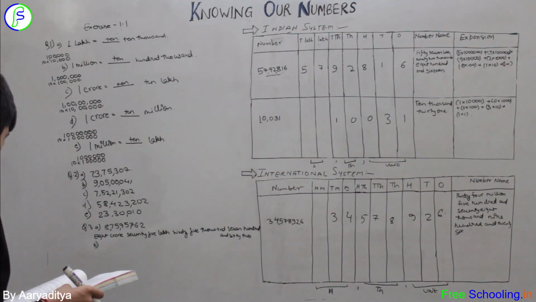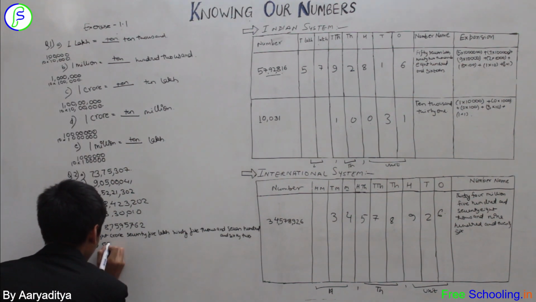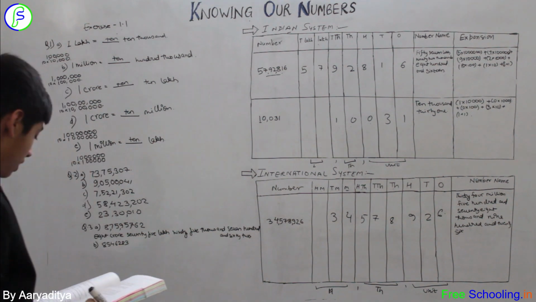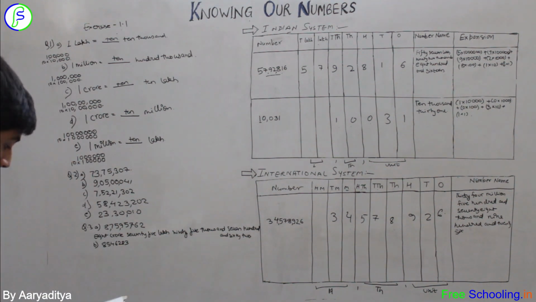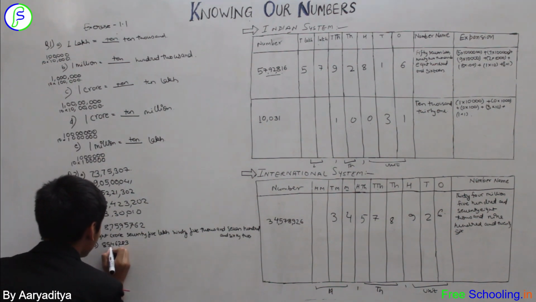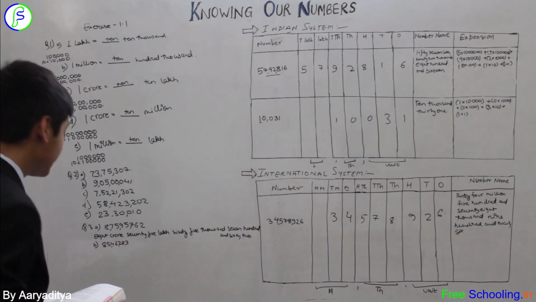Part B, it says 8546283. Okay, so now let's insert commas from the right hand side, leaving 3 digits, leaving 2 digits. Here is the number, 85,46,283.